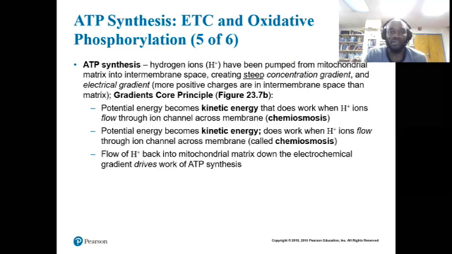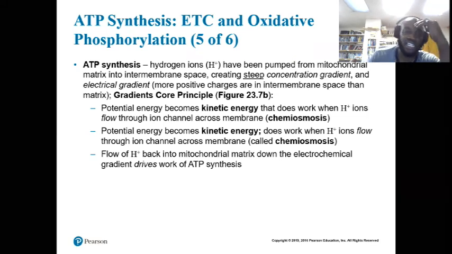All right, and then how do we get to ATP synthesis? So the hydrogen ions have been pumped from the mitochondrial matrix into the intermembrane space, creating this concentration gradient. We use this to create ATP.